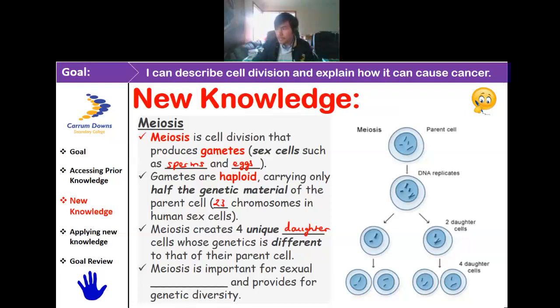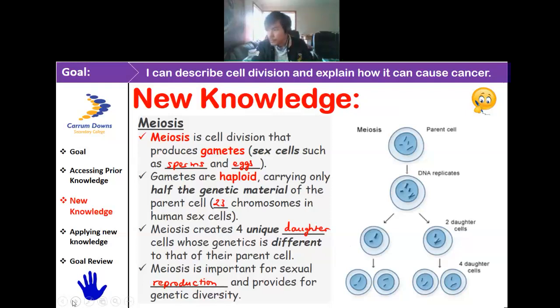So meiosis is very important for sexual reproduction and provides genetic diversity. And that's why you may look similar to your parents, but you are still different.